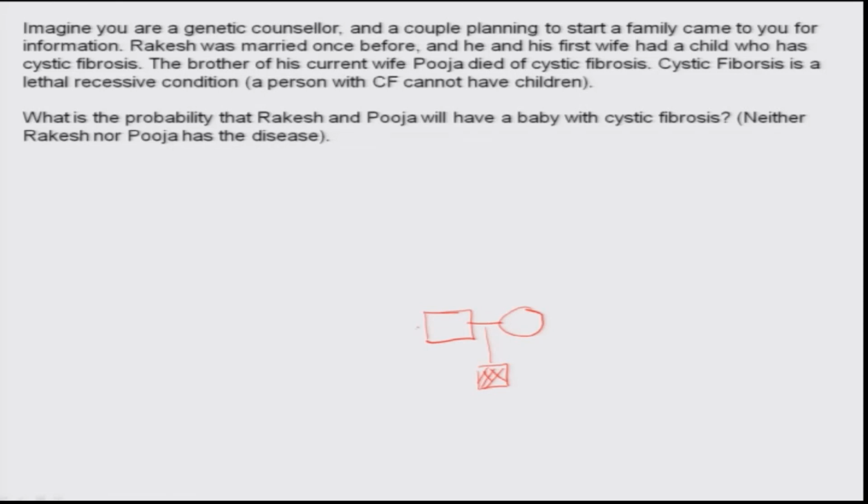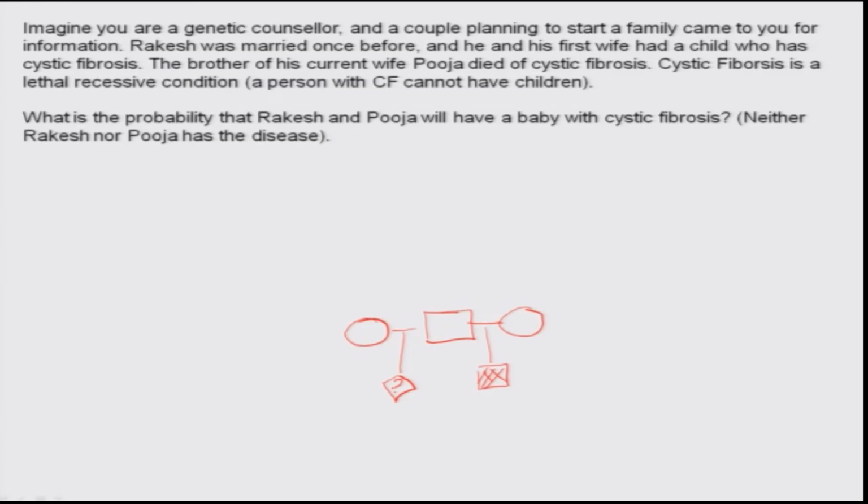Now, he is married again, and this is Pooja, right. Now, they are planning for children, and we do not know whether, if eventually they have a child, he or she would have cystic fibrosis.